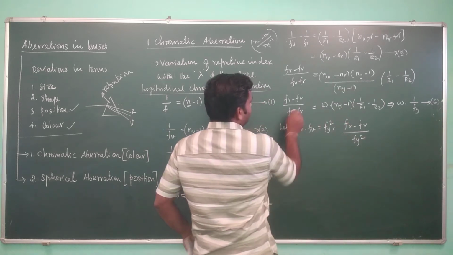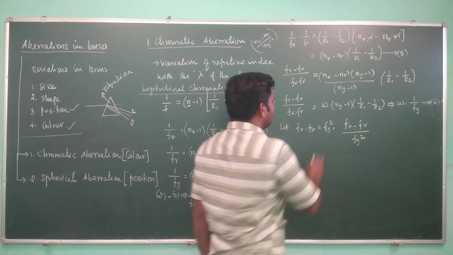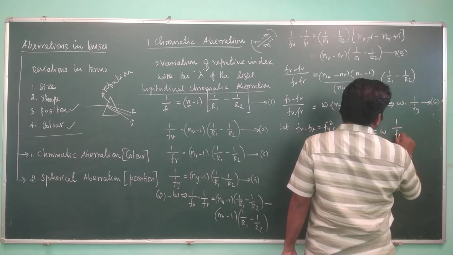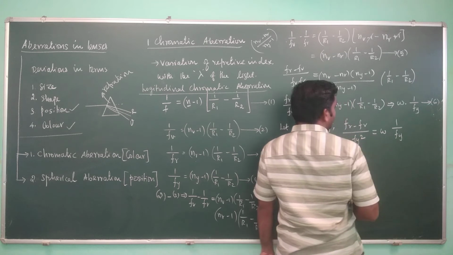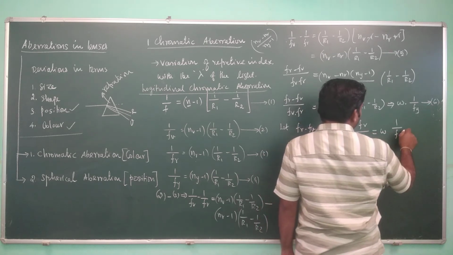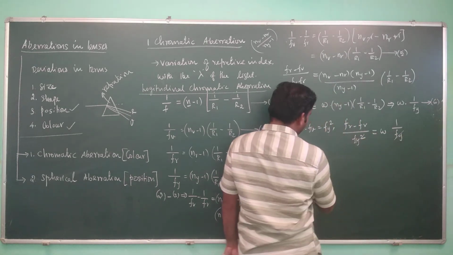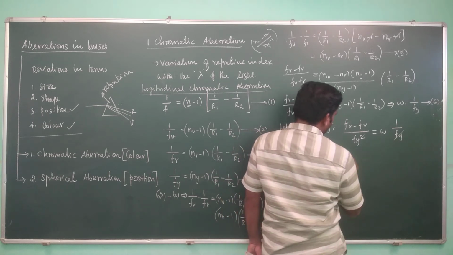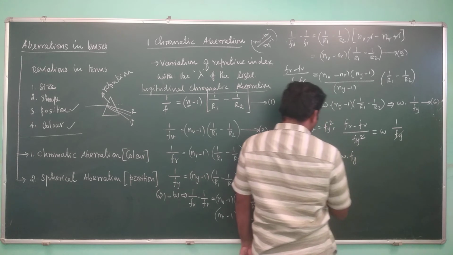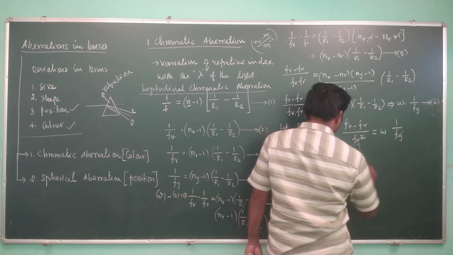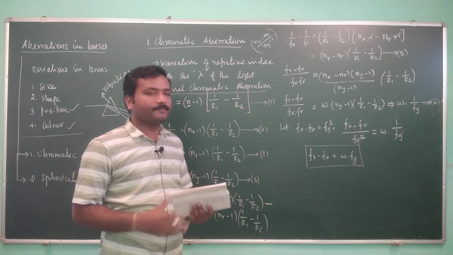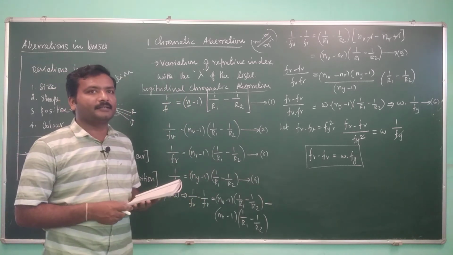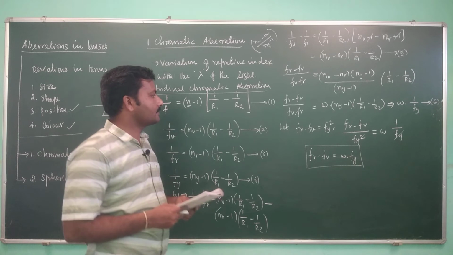We can replace the denominator with Fy square, and the right hand side becomes omega into 1 by Fy. So the square will cancel out. What's remaining? Fr minus Fv is equal to omega times Fy. So this is the expression for the chromatic aberration in the longitudinal axis.